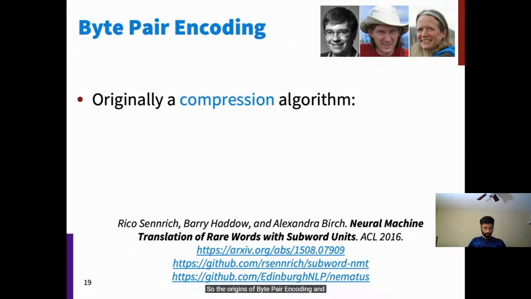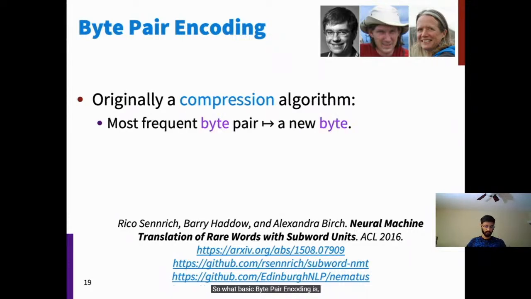So the origins of byte pair encoding, and the name byte pair, have nothing to do with natural language processing or neural nets. We're just writing a compression algorithm, something like compressing your documents with gzip.